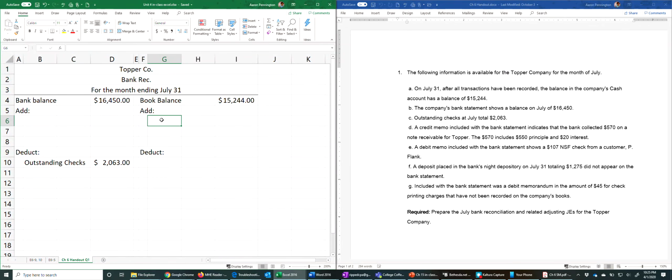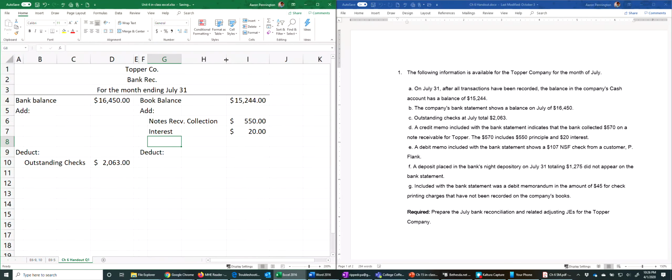That hasn't yet been recorded in the books, so we need to add that: notes receivable collection, $550, and interest, $20. We want to keep those separate because we track interest separately from notes.